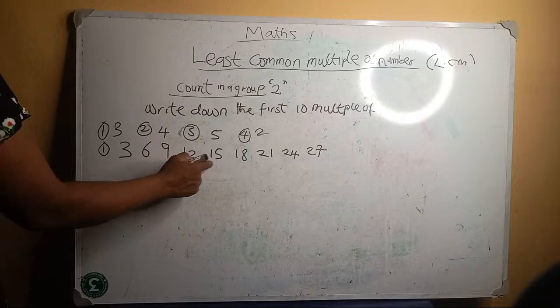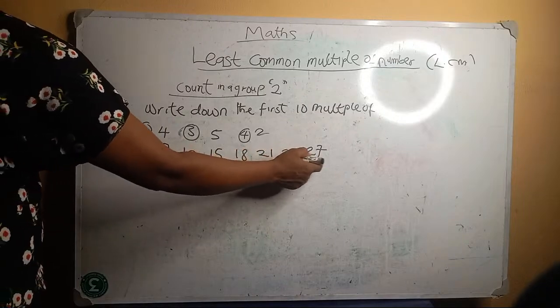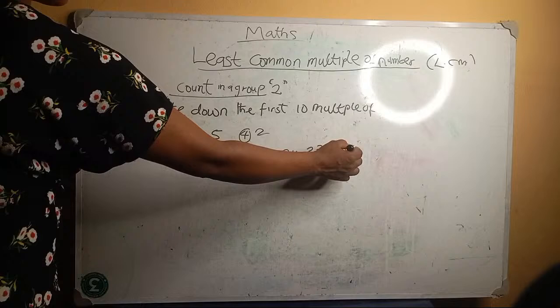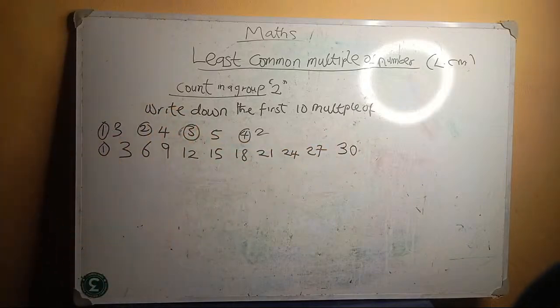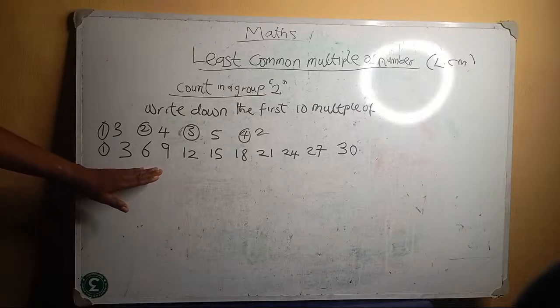Then the next one is what? 30. So if you don't know how to do this, let me show you what you need to do.